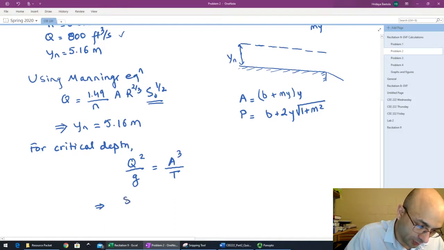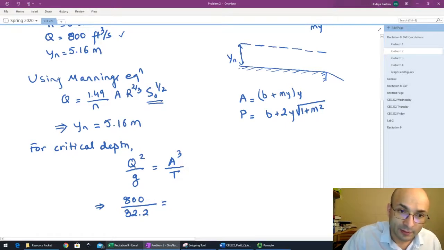We have Q of 800. G is 32.2. Area is the same equation here, except the y is going to be y critical.